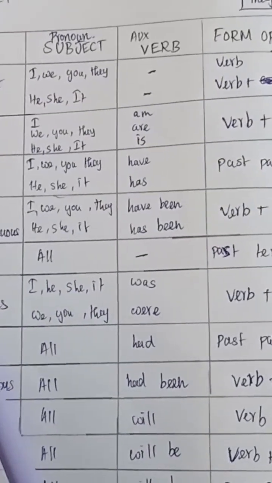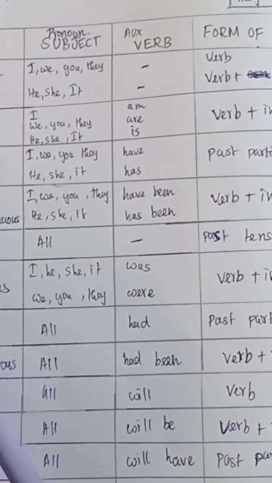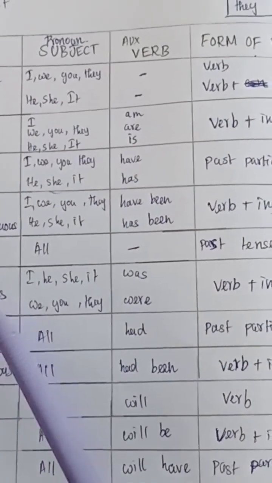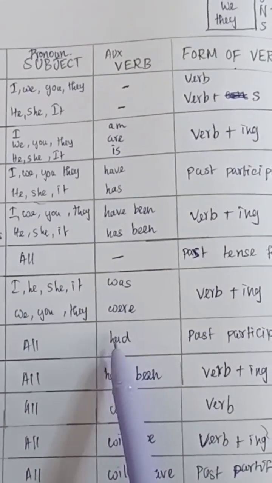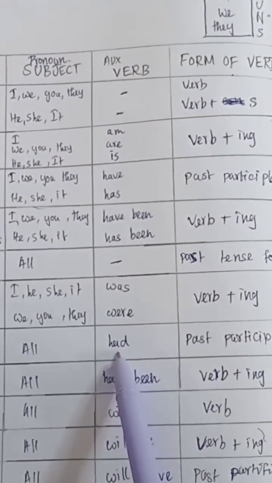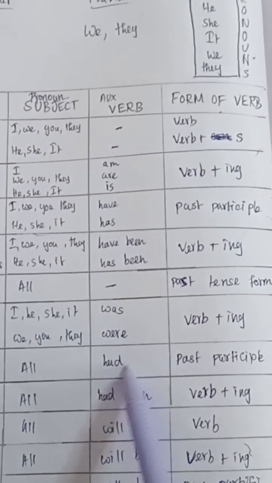Okay, so the next one is past perfect. When I say perfect, what comes to your mind is have, had, has, and all of that. Here it comes had, because it is the past tense of have.